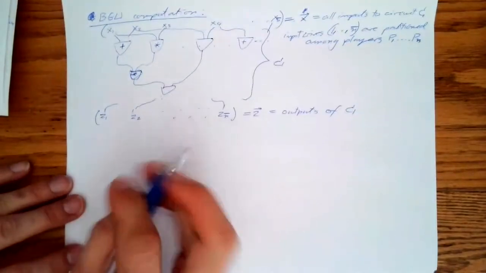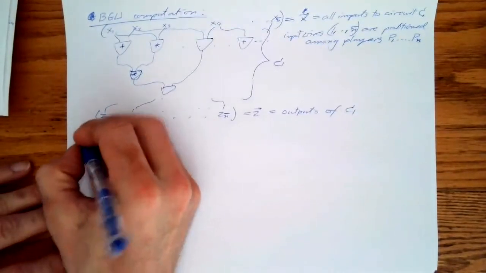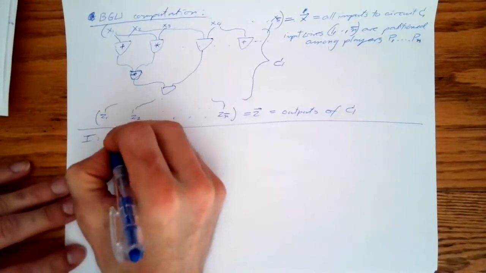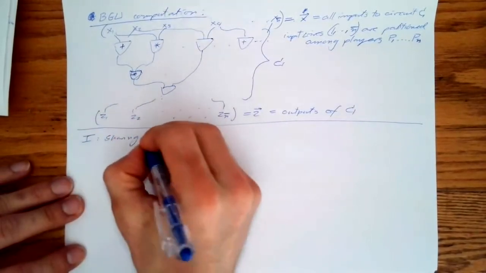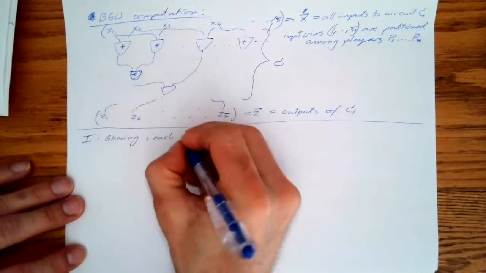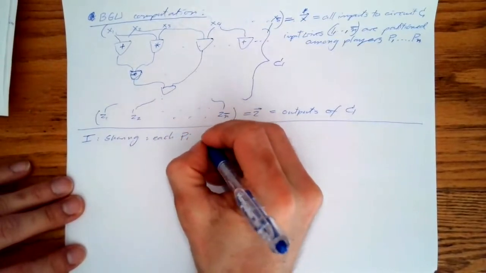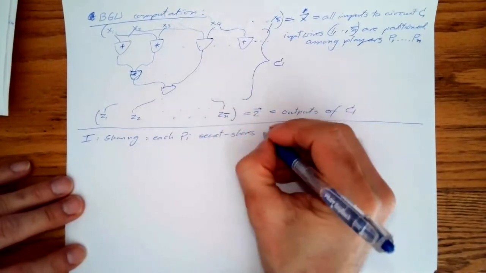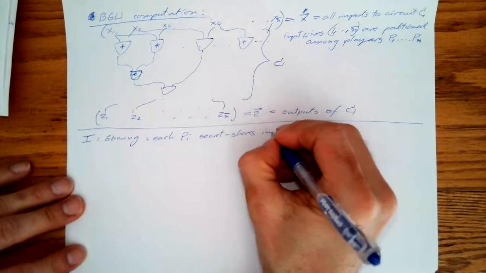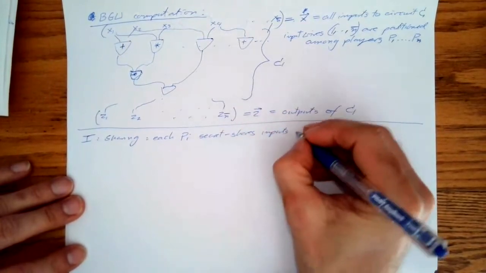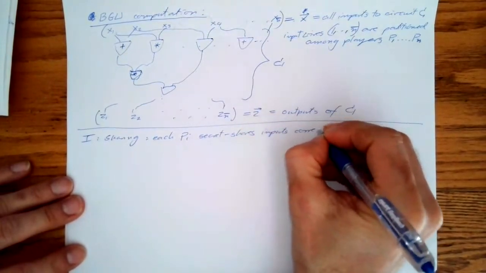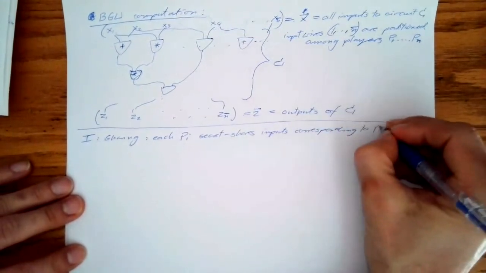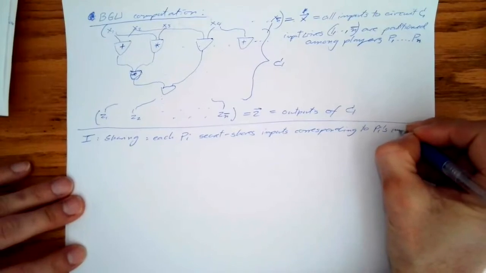BGW computation goes in stages. Stage 1, sharing. Each P_i secret shares inputs corresponding to P_i's input wires.